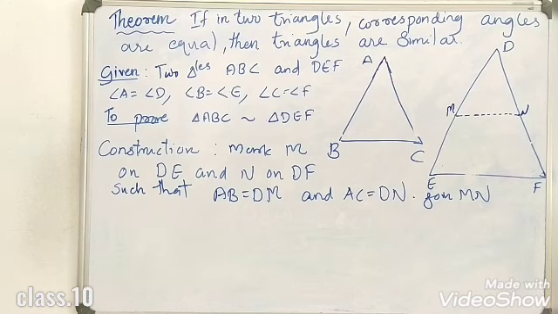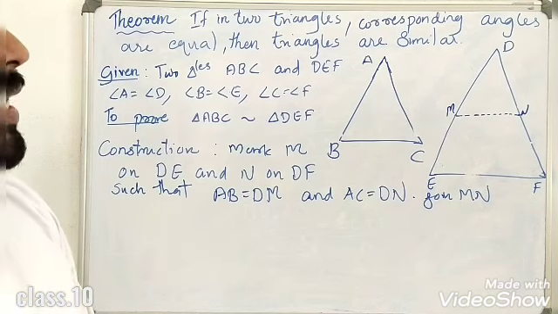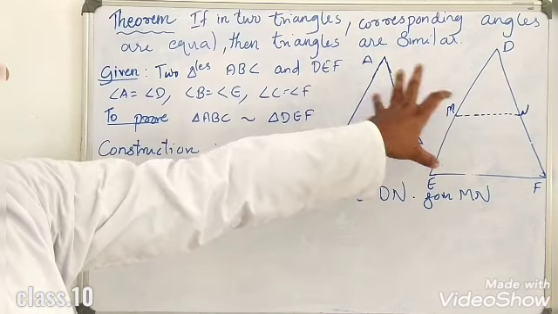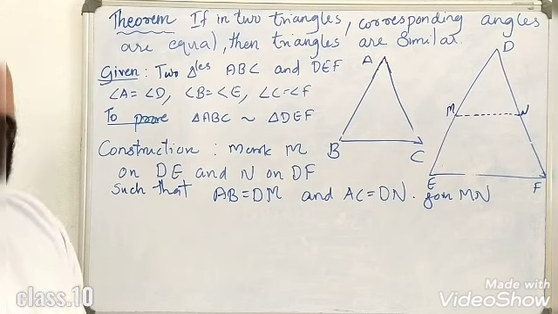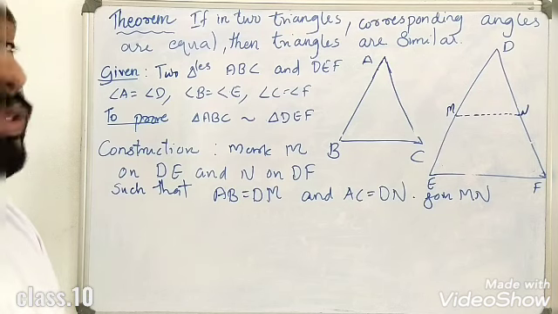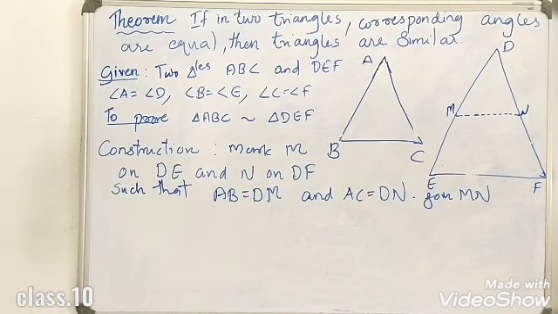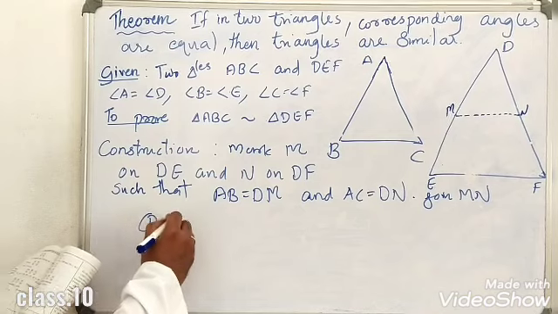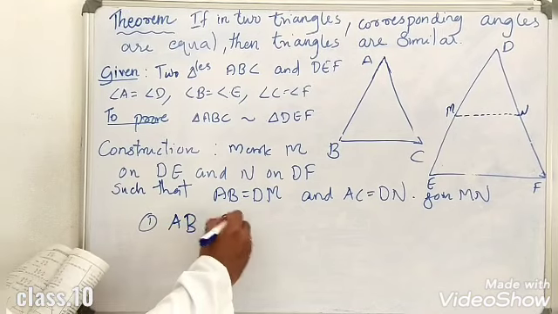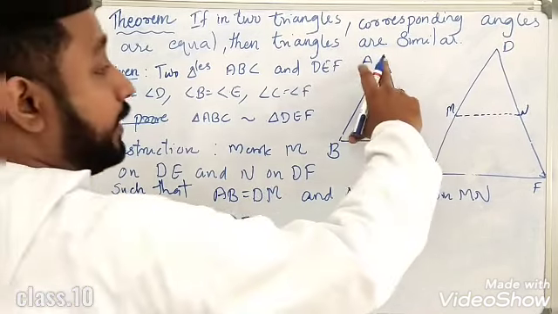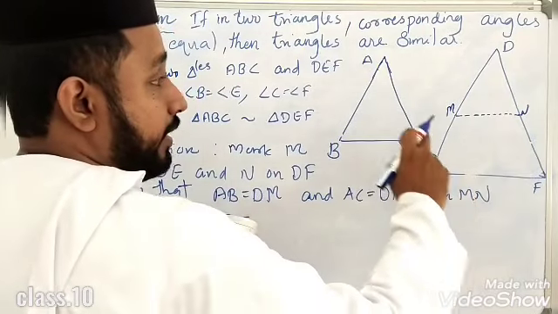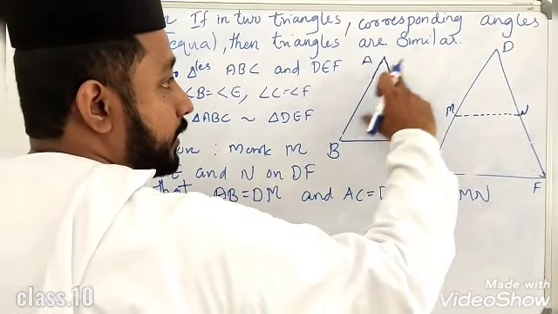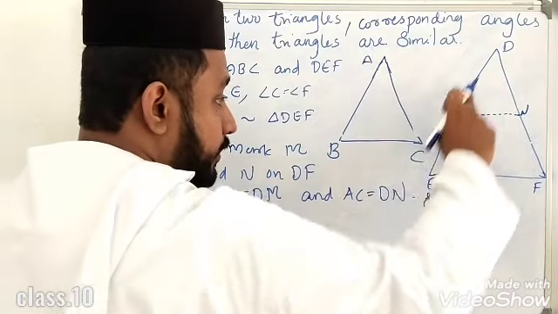So now we are going to prove that these two triangles are similar. In order to prove that, we have to show that the corresponding sides are in the same ratio or same proportion. There are three cases. First one is AB is equal to DE, where this side is fully equal to this side.